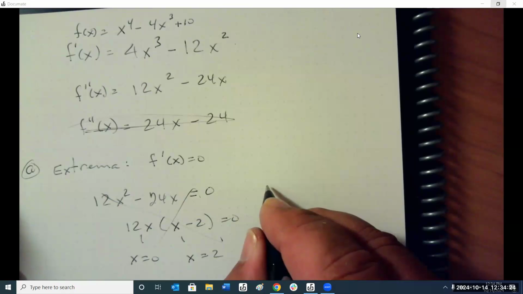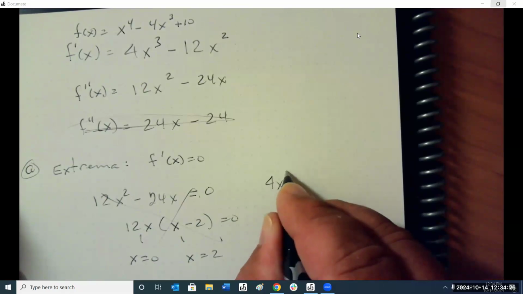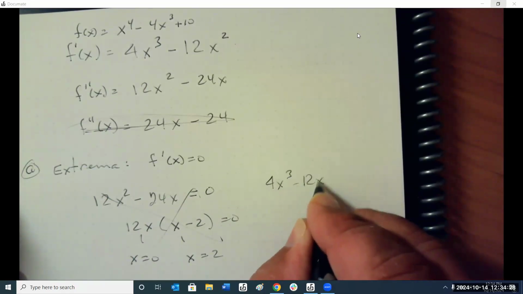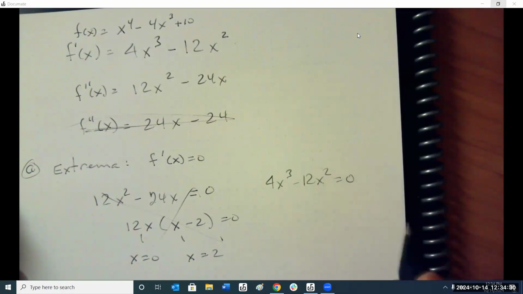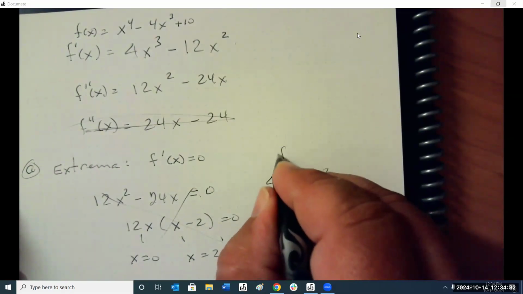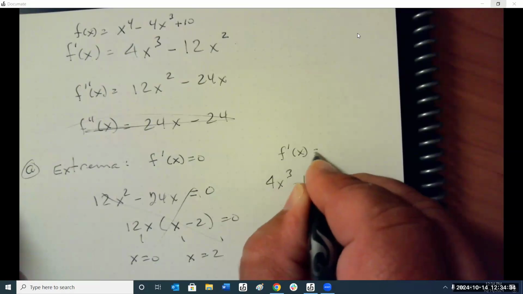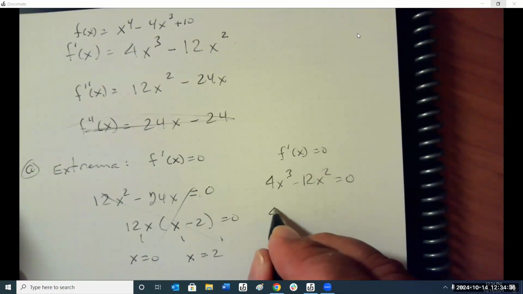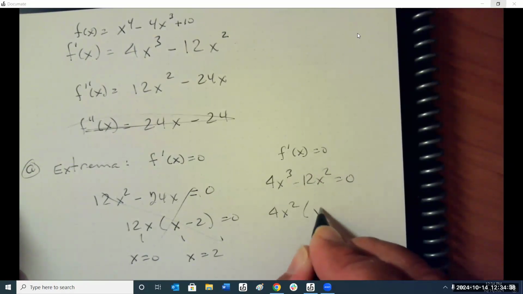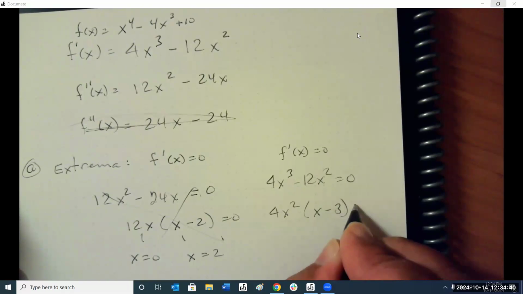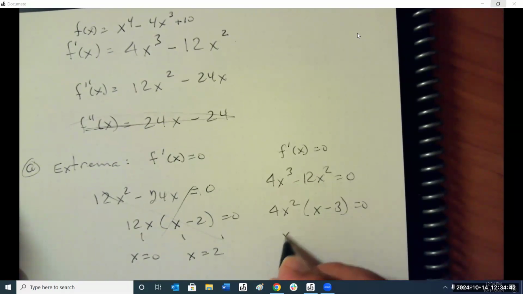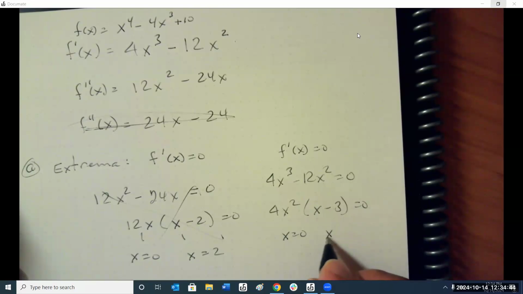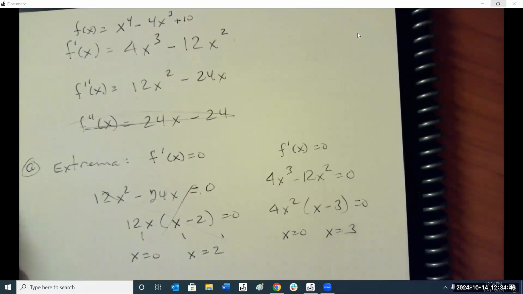So I have my first derivative, 4x cubed minus 12x squared. Set that equal to 0. I can take out 4x squared, which leaves x minus 3. So x equals 0 and x equals 3.